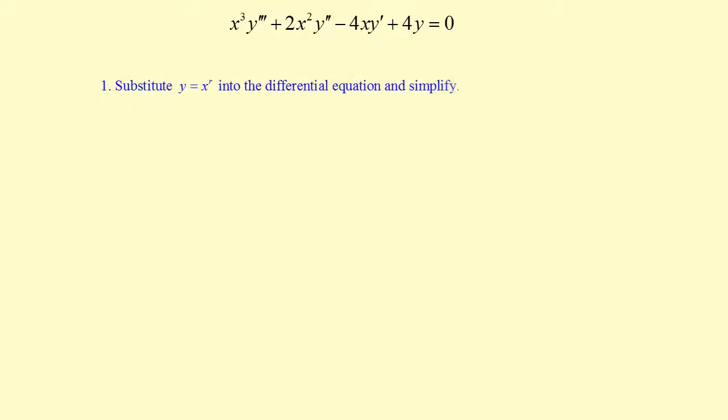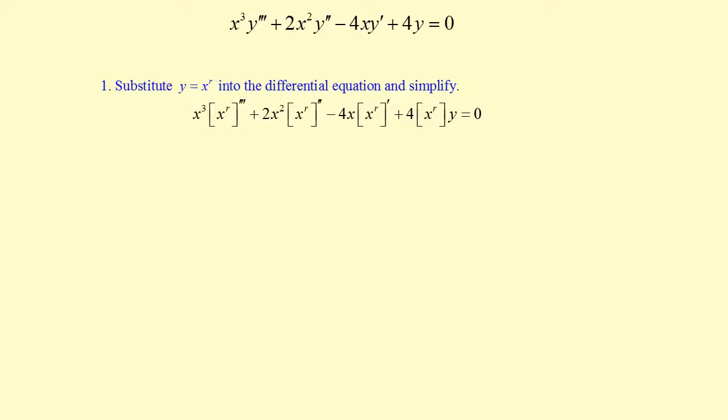When we use y equals x to the r, this time we'll need the third derivative for y triple prime. The third derivative of x to the r would be r times r minus 1 times r minus 2, x to the r minus 3.